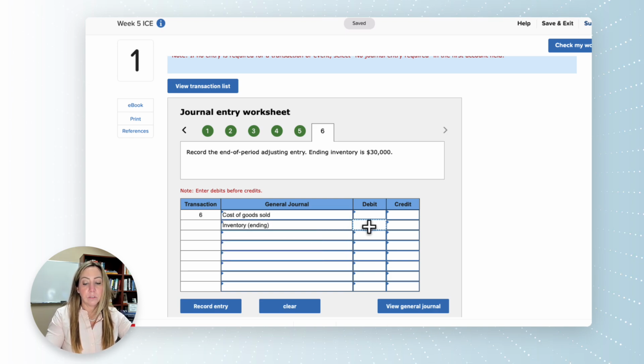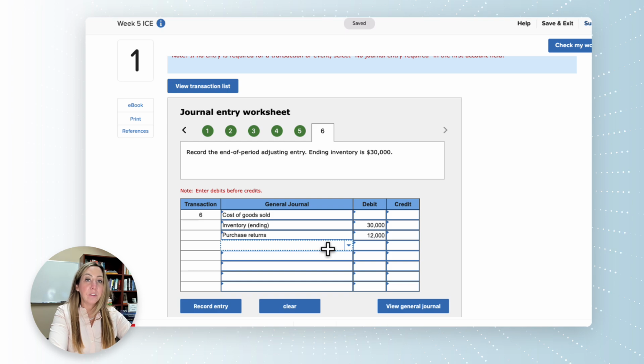Now we go to the accounts that we have been using as placeholders for our purchases and our purchase returns and freight, and we're going to debit and credit them the opposite of what we did before. So we had credited purchase returns. That was the contra asset account. So we're going to debit that account. Now we don't need it anymore. It was merely a placeholder for the purchases that we made during the year that we did not put directly into the inventory account.